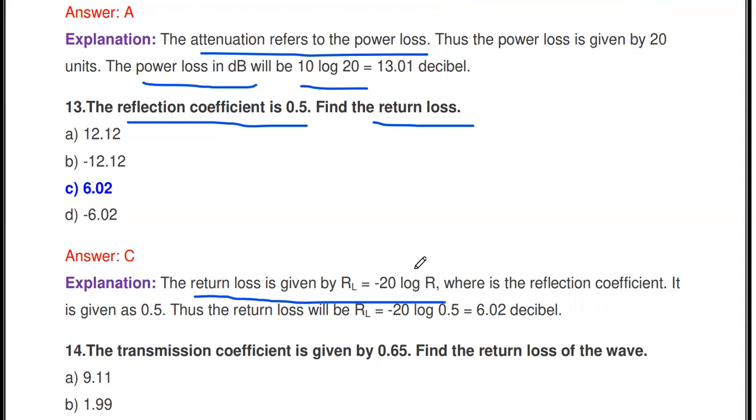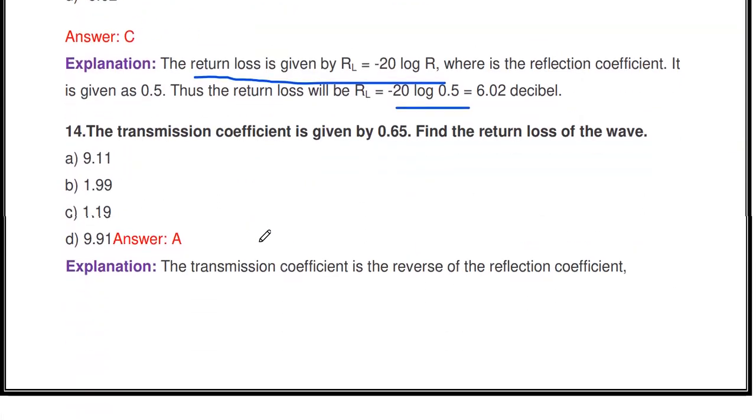If you are taking 20 log, that is a decibel. If you are converting the reflection coefficient into decibel quantity, we will get the return loss. So return loss is equal to minus 20 log of R. Okay. So minus 20 into log of the reflection coefficient 0.5. If you calculate, we will get the answer 6.02 decibels. Okay, 6.02 decibel.